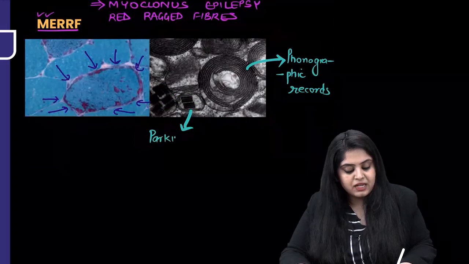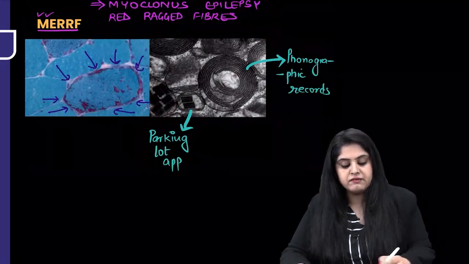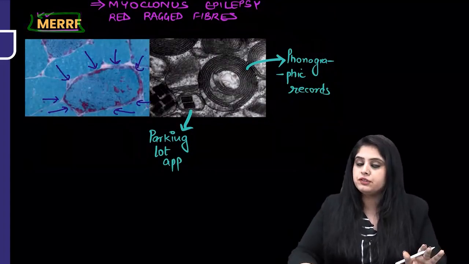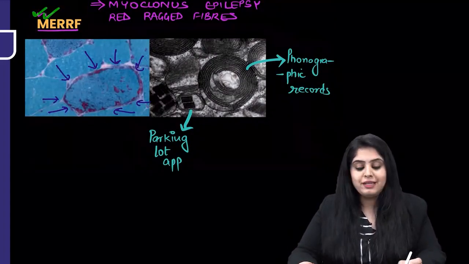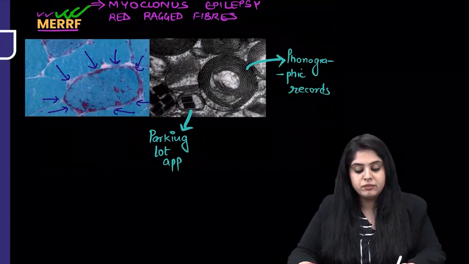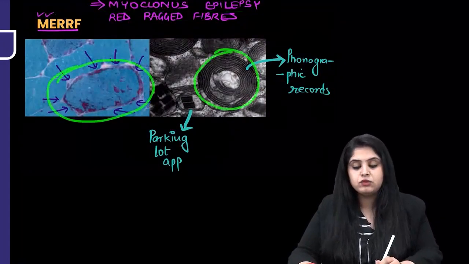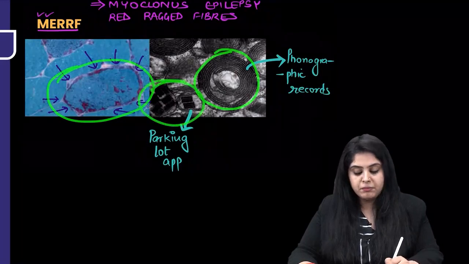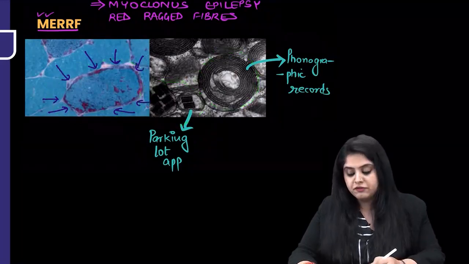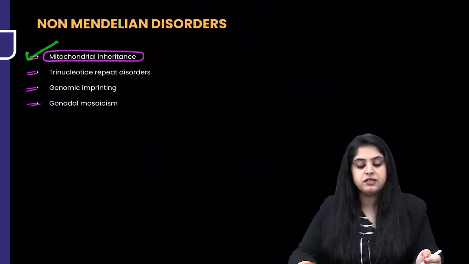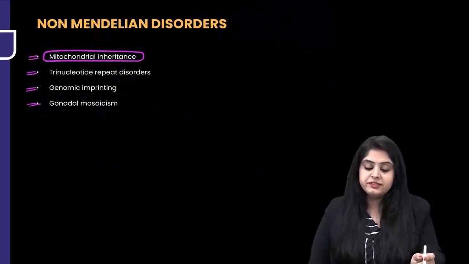This is known as the parking lot appearance. So repeating, when we say MERRF, it is a mitochondrial disorder. There is myoclonic epilepsy and there are red ragged fibers. Under the microscope, you will see the phonographic record and parking lot appearance. So the first non-Mendelian disorder, mitochondrial diseases, is done.